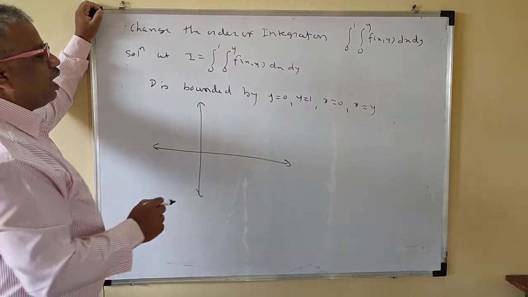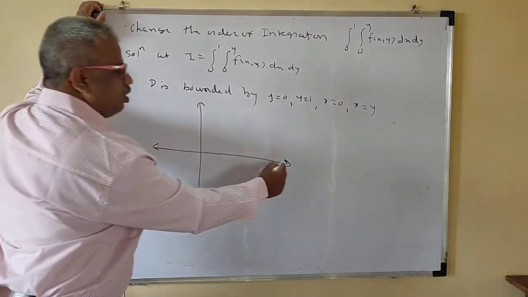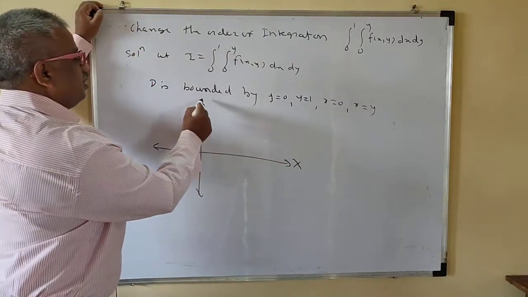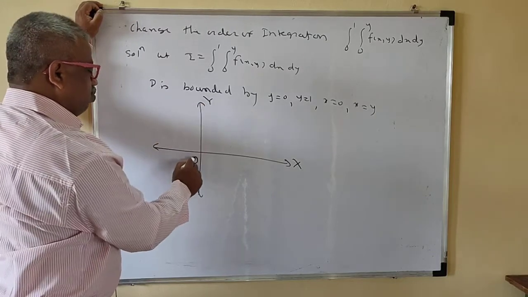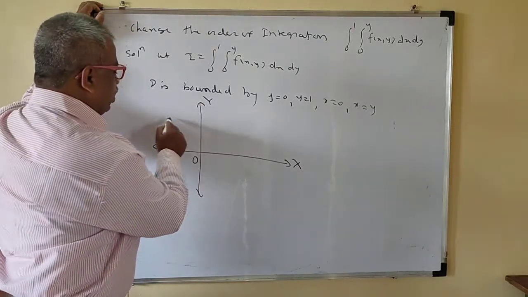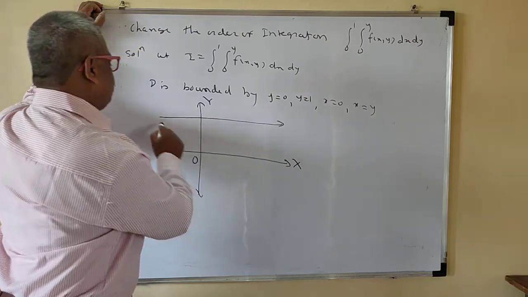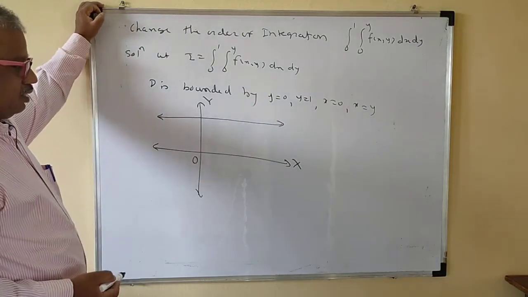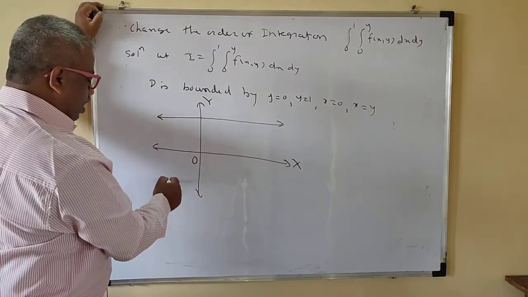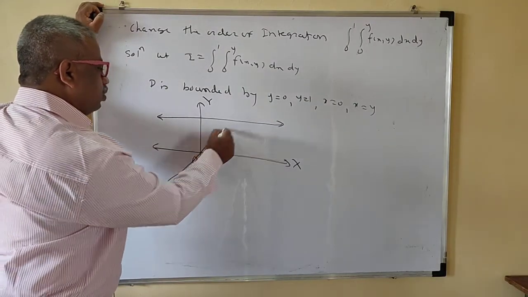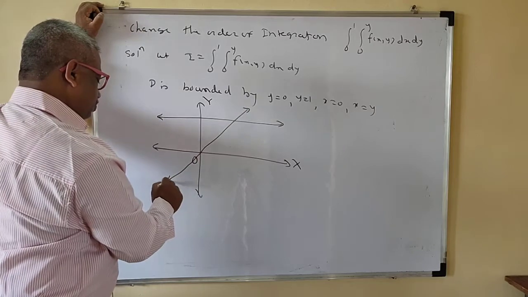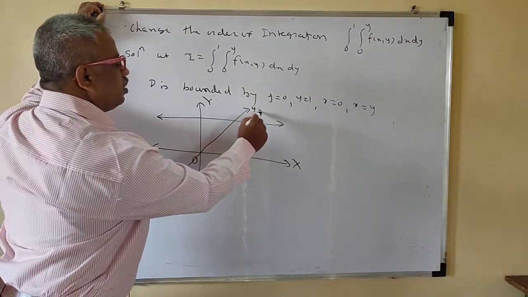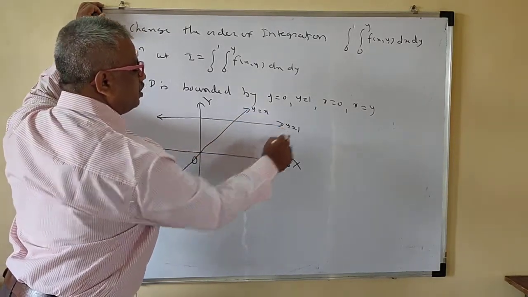y is equal to 0 means the x-axis. This is the y-axis, and this is your origin. This line is y is equal to 1. Now x is equal to 0 means your y-axis. Now the line x is equal to y passes through the origin. So this is y is equal to x and this is y is equal to 1.